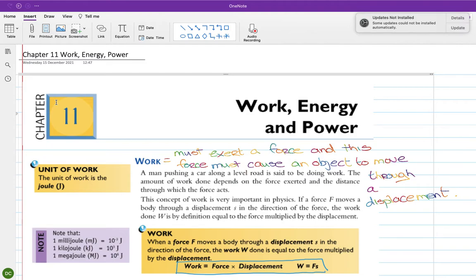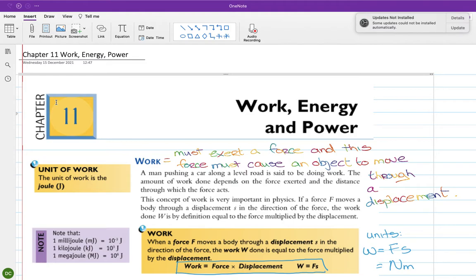So we'll have a quick look at the units. The unit for force is newtons. The unit for displacement is meters. So that means the unit for work is the Newton meter.